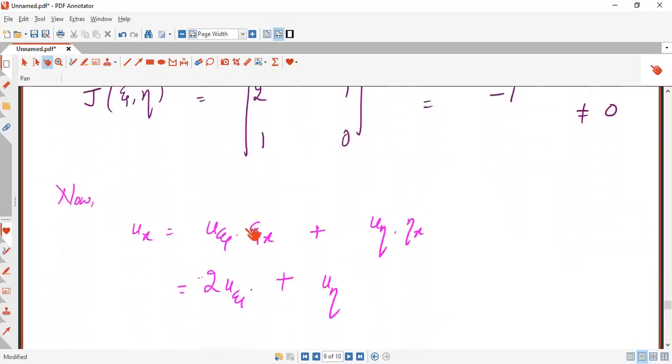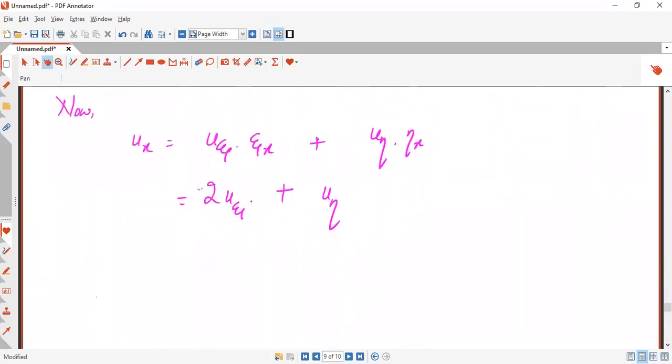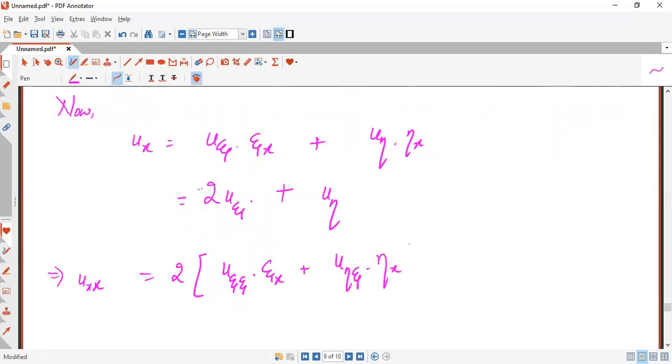Right? Now uxx. You have written u xi outside, I'm differentiating with respect to x, and I know u xi is again a function of xi and eta. So again, I have to differentiate it with xi as well as with eta. So u xi xi into xi x plus u xi eta eta x, plus for u eta it will become u eta eta into eta x plus u eta xi into xi x. Right?